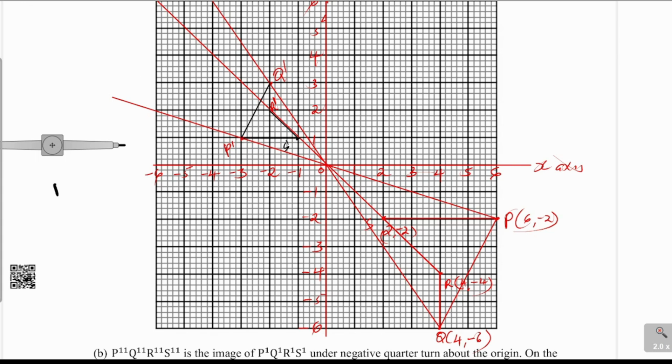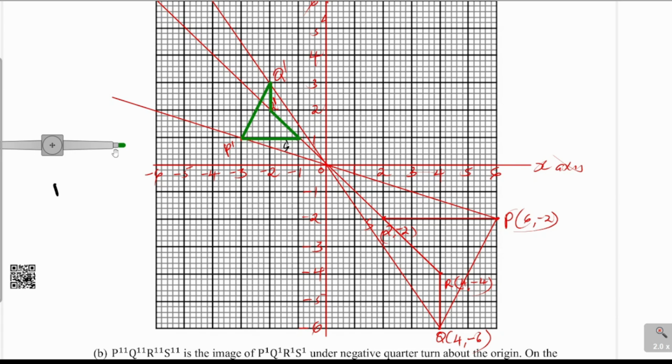So let me use different colors so that you can see it. So we have P1 to Q1, then to R1, then to S, and that will be the quadrilateral. So that is a quadrilateral, P1, Q1, R1, S1. So we're done with the first part.